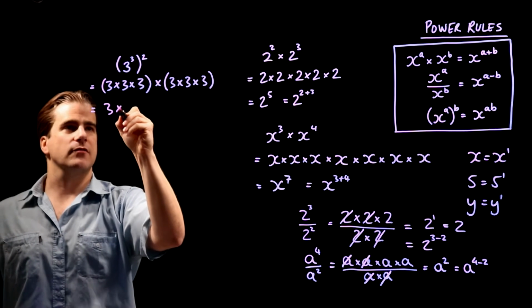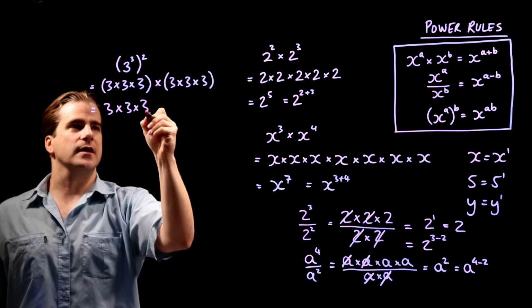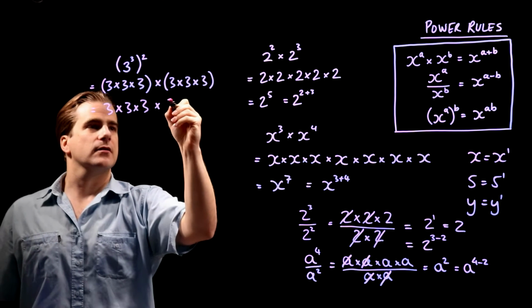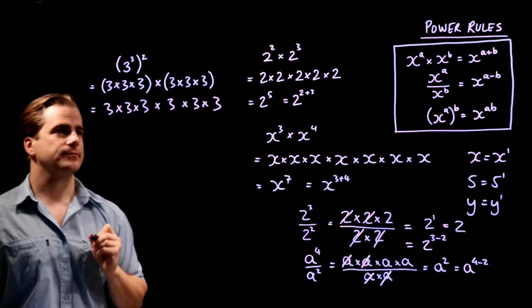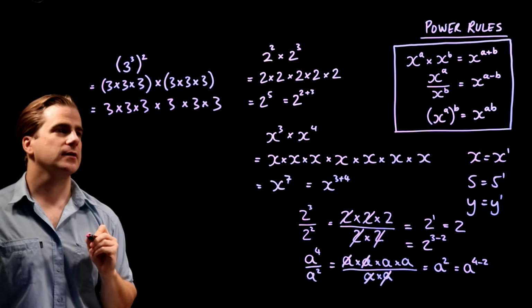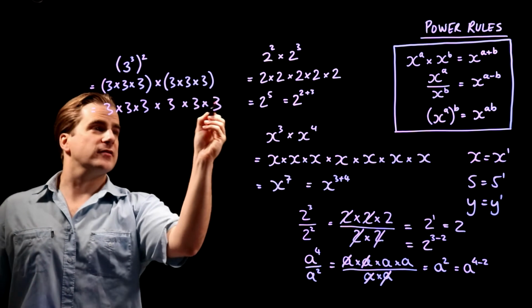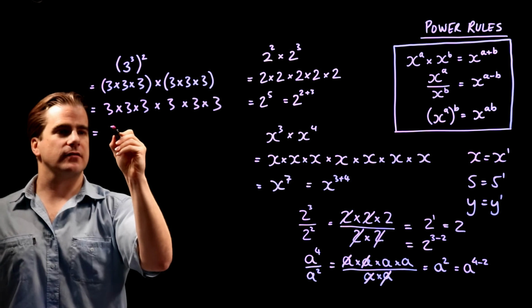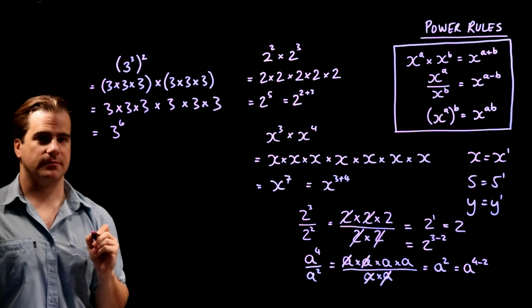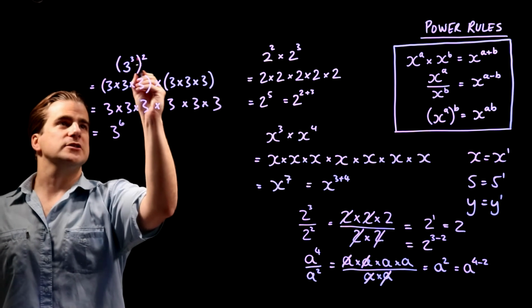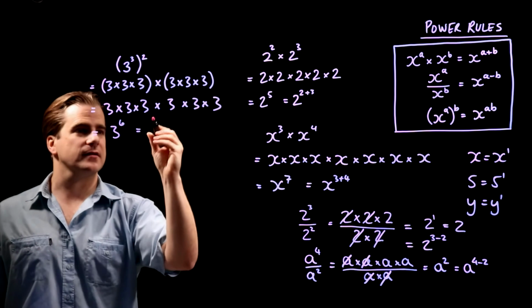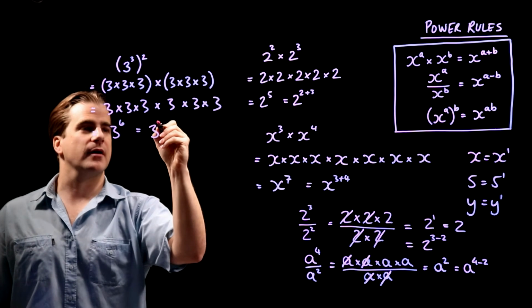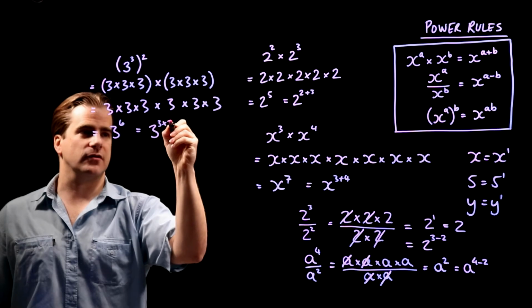So that's the same as 3 times 3 times 3 times 3 times 3 times 3. Okay? 1, 2, 3, 4, 5, 6. So that's 3 to the power of 6. Which is, if you notice, it's that times that. So it's the same as 3 to the power of 3 times 2.